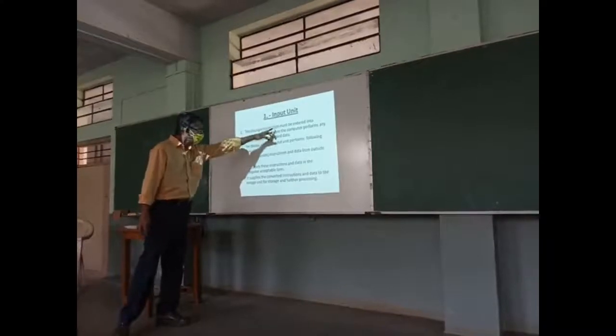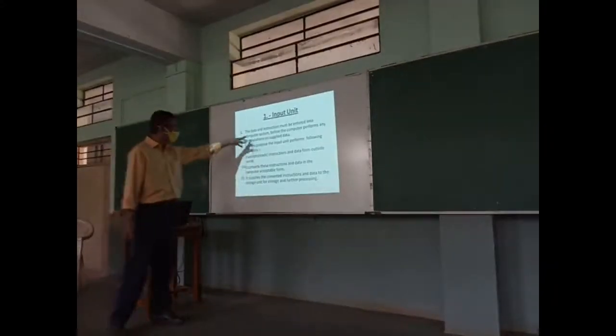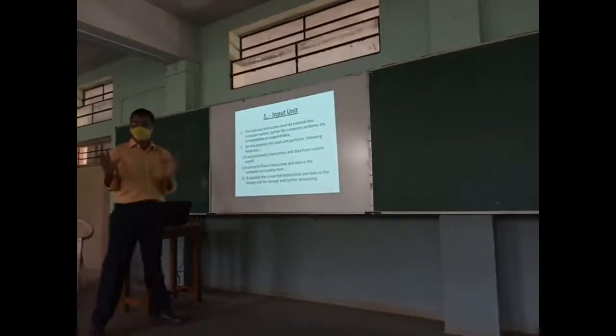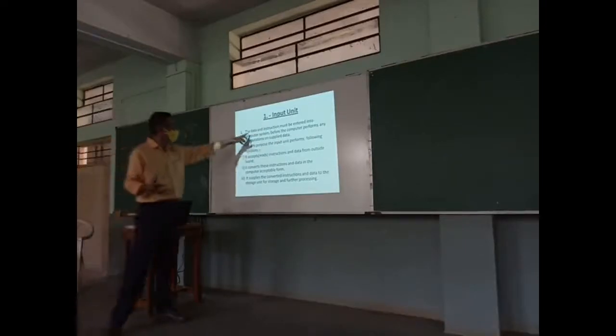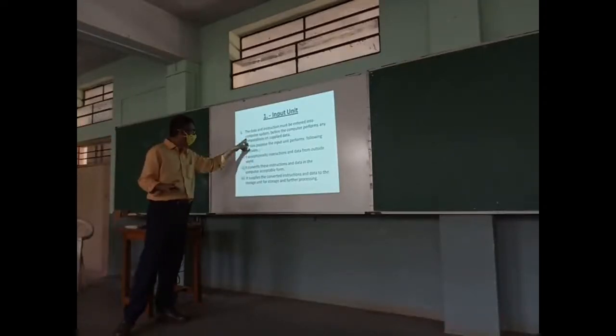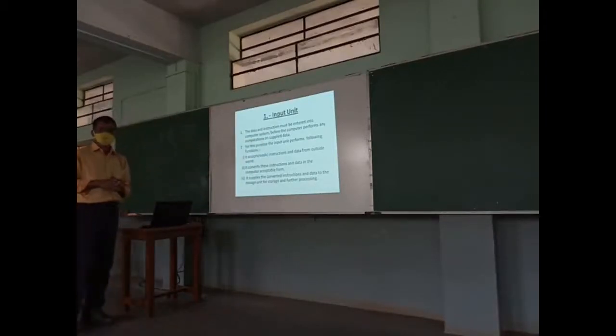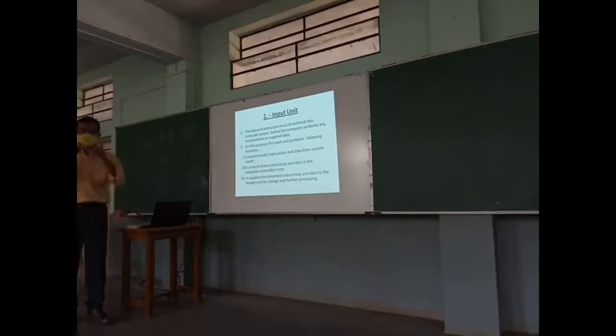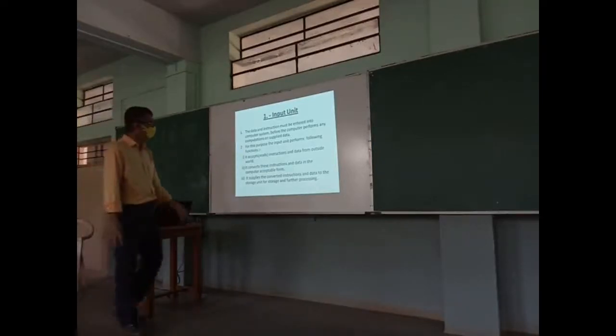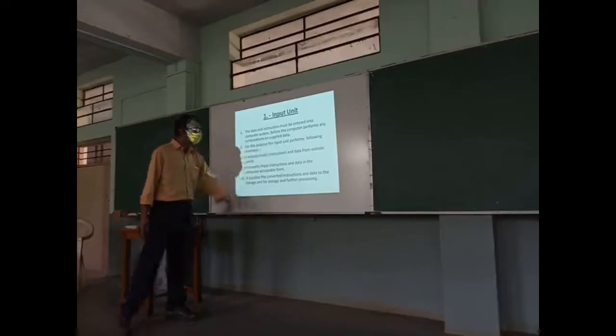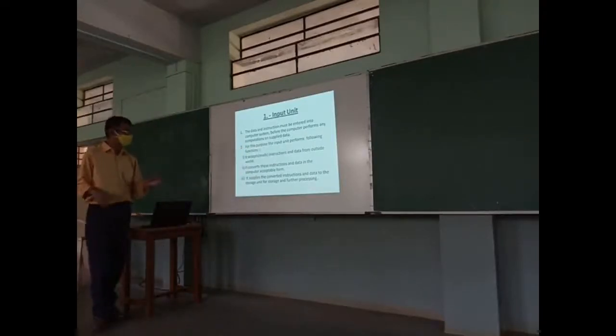The data and instructions must be entered into the computer system before the computer performs any computation on the supplied data. So first, the instruction and data should be entered into the computer system. For this purpose, the input unit performs the following functions.